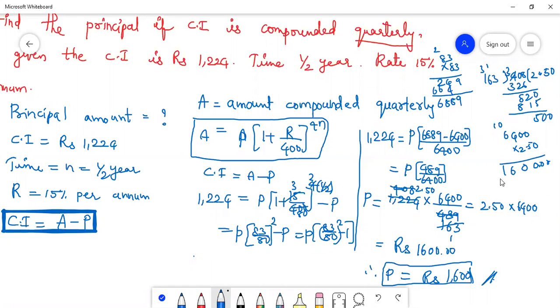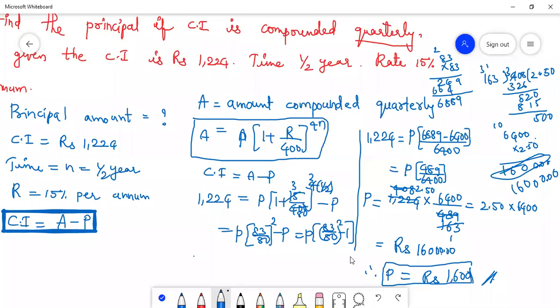Here we take 3 zeros. 25 4s are 100, carry 10, 25 6s are 150 plus 10, 160. Take 2 digits before the point.